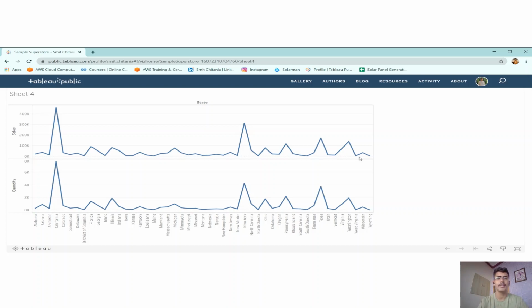They can understand in which cities they are going great, in which cities they need to improve more, and which cities are okay, where they just have to entertain their customers and check whether the customer is having any problem. And there are some states in which they need to work a lot harder to improve their sales, right? So these were the tasks I got, and I think I've completed it successfully.